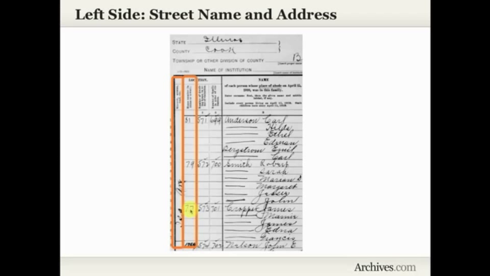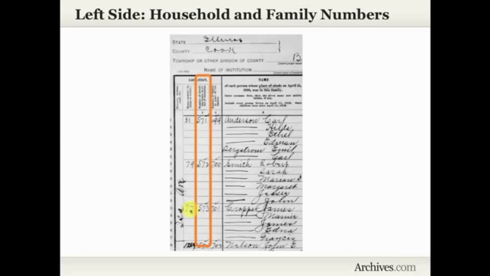Now the next two columns are numbers that helped the Census Bureau keep track of the families, to make sure that they had accounted for all of the houses and all of the households. This middle column of numbers refers to the dwelling number, actually, is how they defined it.